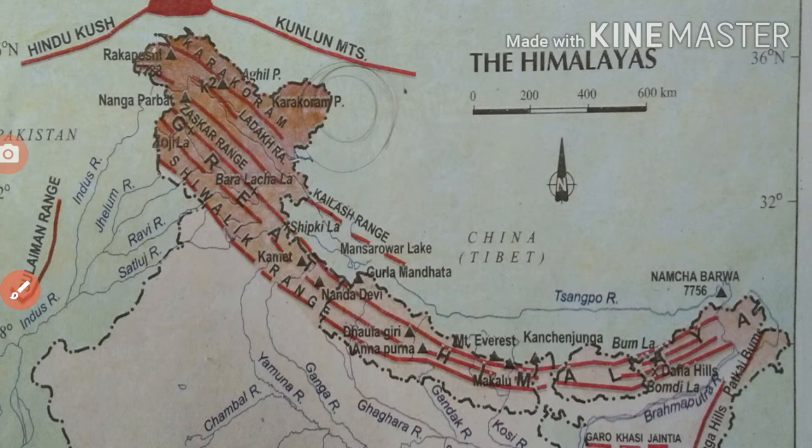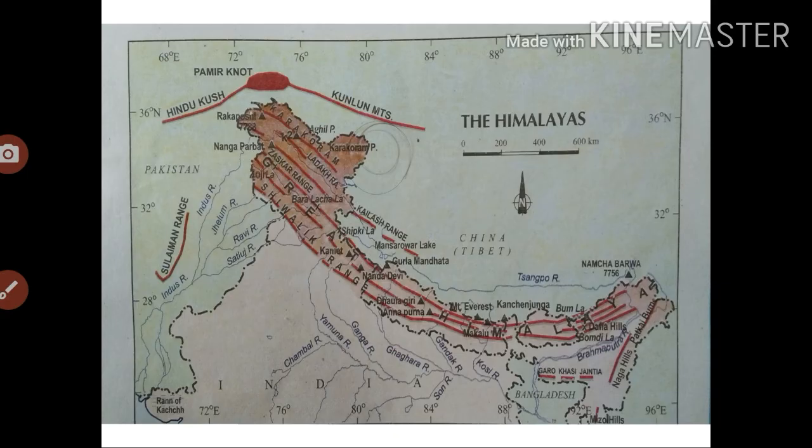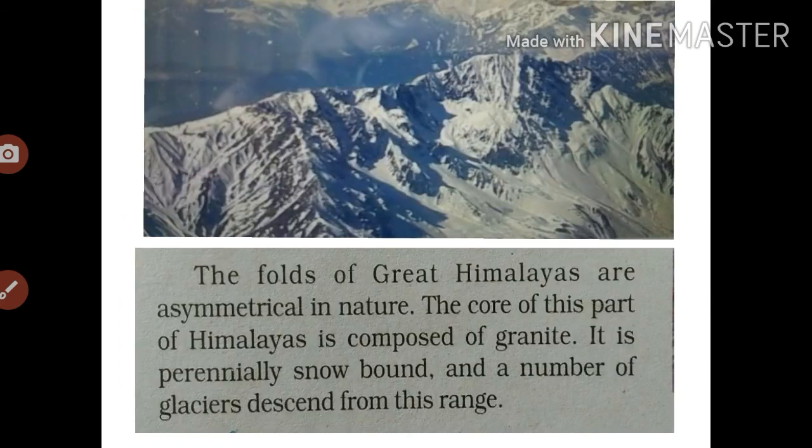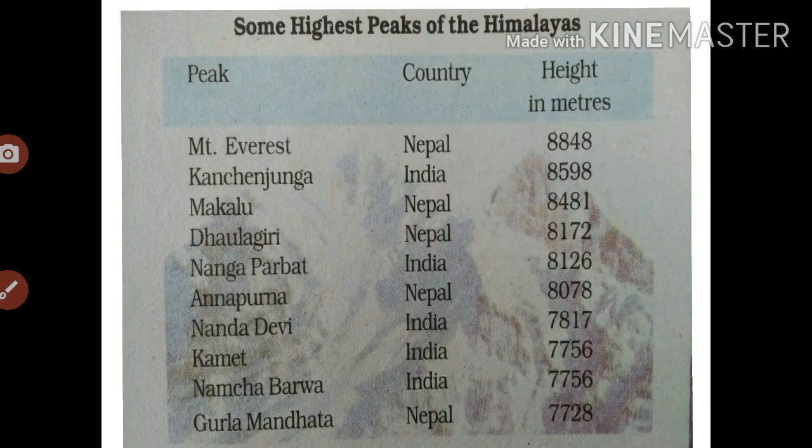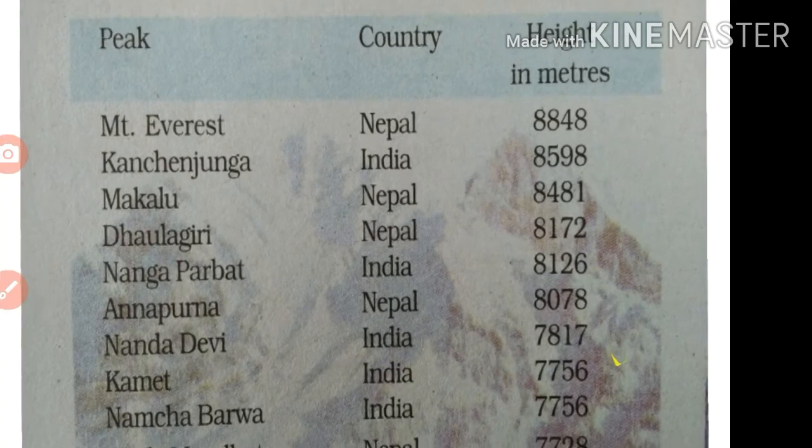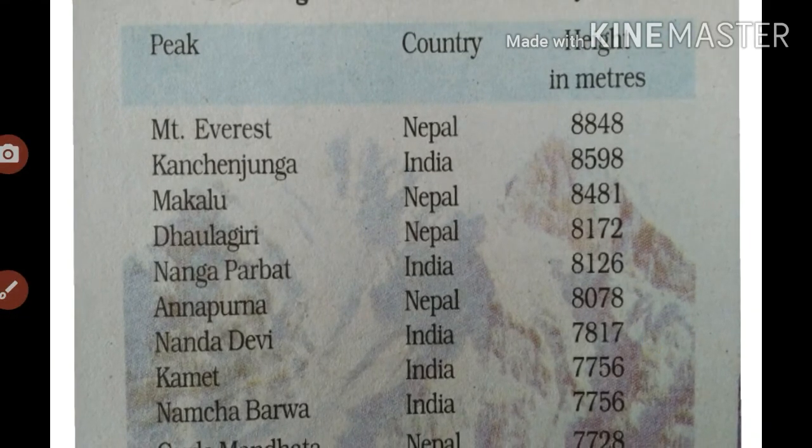Now we can see some highest peaks of the Himalaya. First is Mount Everest, situated in Nepal, its height 8,848. Then Kanchenjunga in India, its height 8,598.